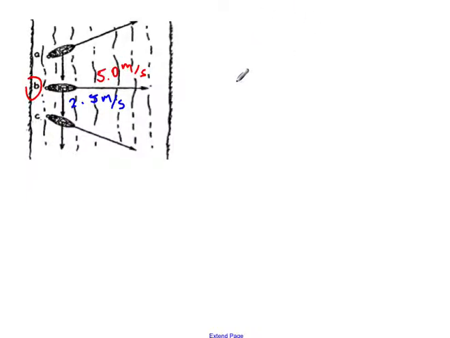We're going over 5, and we're going down 2.5, and we want to find this side right there. And we'll also want to know, at what angle is this? Is it 30? Is it 40? What is it?